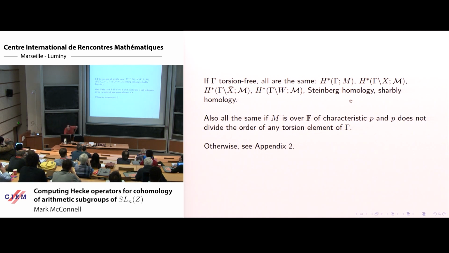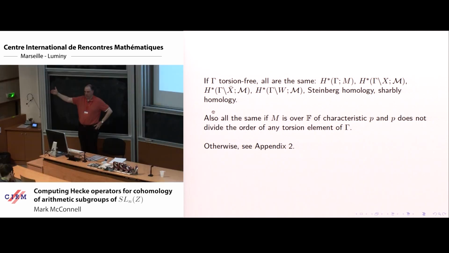And the Steinberg homology and the Charbly homology are the same. The Borel-Serre duality says that when I speak of Steinberg and Charbly, I drop to homology. And now, in fact, they're also the same if your module was defined over a field, say a finite field of characteristic p, and p doesn't divide the order of any of the torsion in gamma.